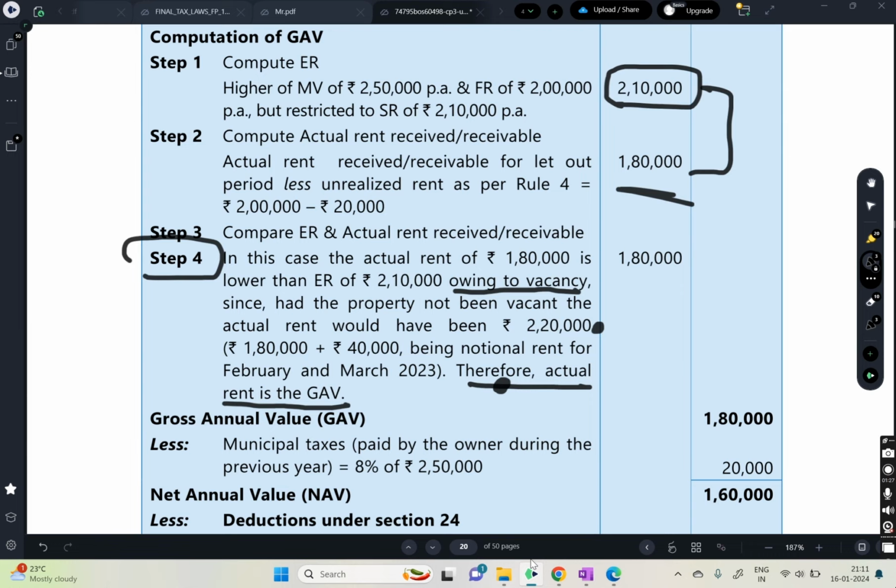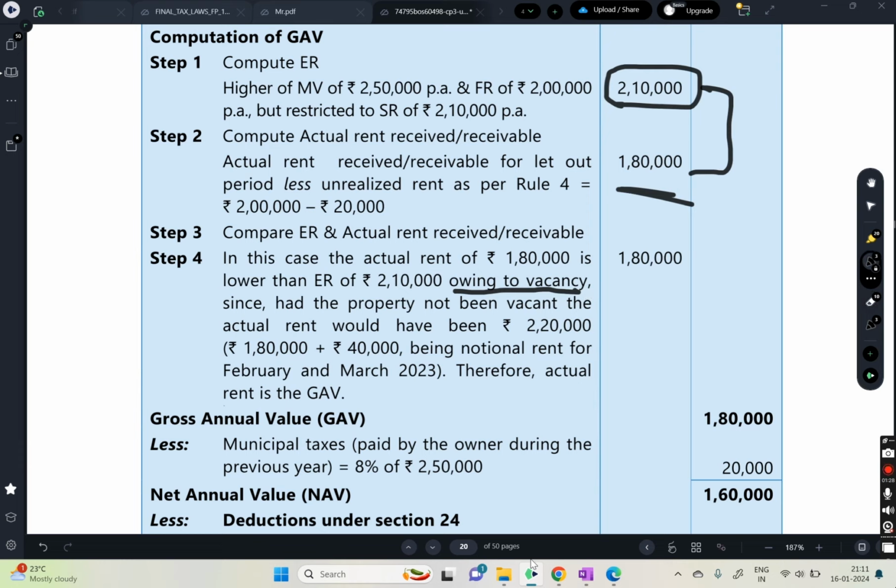If there is no vacancy, 2 lakh 20,000 into 12 is 2,40,000. Then 2,40,000 minus unrealized rent 20,000 will be 2,20,000 only, right? Did you understand? I'm not explaining this question, I'm explaining something else here.